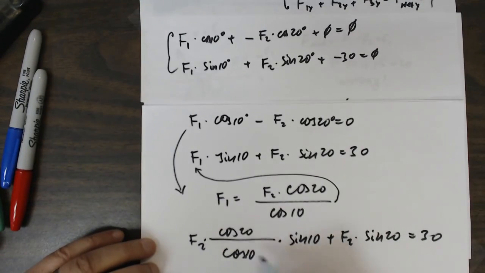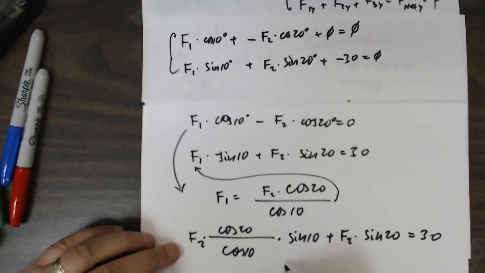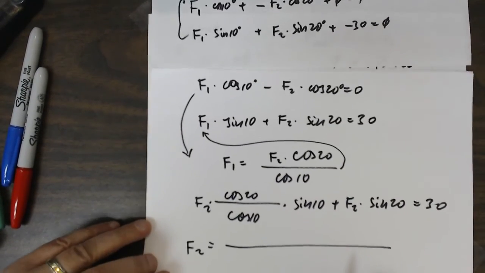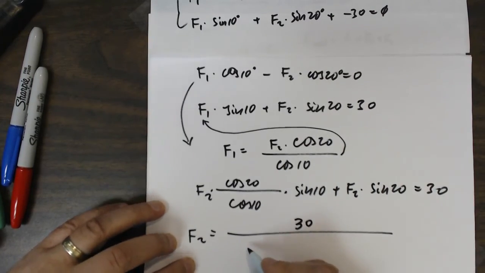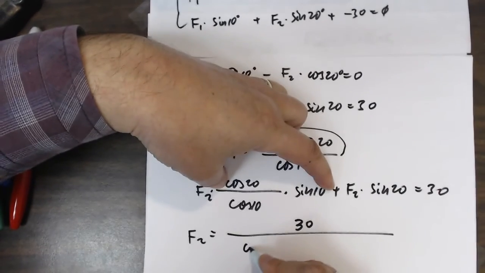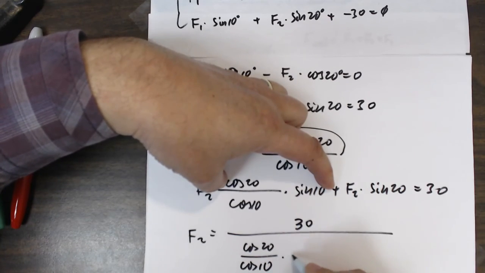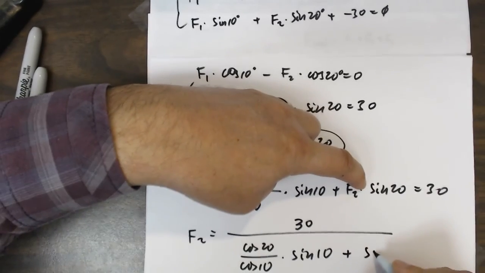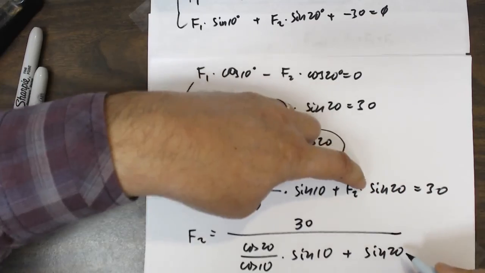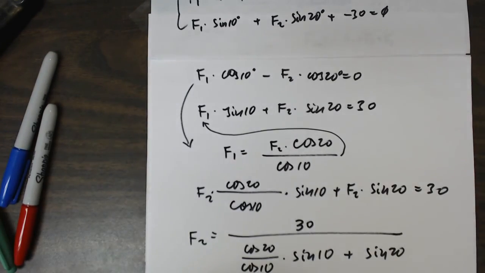F2 is a common factor, so we can solve it for F2. That will be equal to 30 divided by cosine of 20 divided by cosine of 10 times sine of 10 plus sine of 20. Now it's, well, a matter of taking a calculator and finishing this calculation.